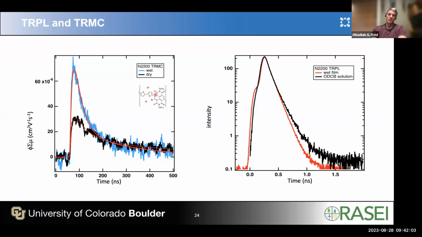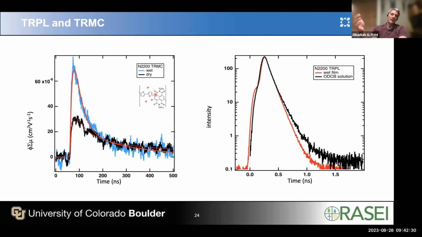So the first thing that we did was to compare the microwave conductivity and the time resolved photoluminescence in these systems. We took N2200 and immersed it in water, and in this case, we did what I refer to as an ex situ experiment, where you soak it in water, and then you take it out, and in a saturated humidity environment, do these measurements.